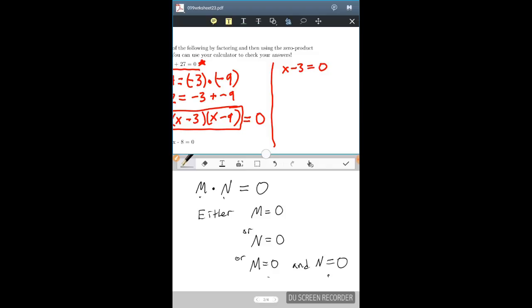So this just becomes a problem of solving a linear equation, which we've done before. We have to get the x by itself. The only thing attached to that is this minus 3. If we remember, the opposite of subtraction is addition. So to do the opposite, we add 3 to both sides. This will give me x equals 3. This is one of my solutions. Boom.